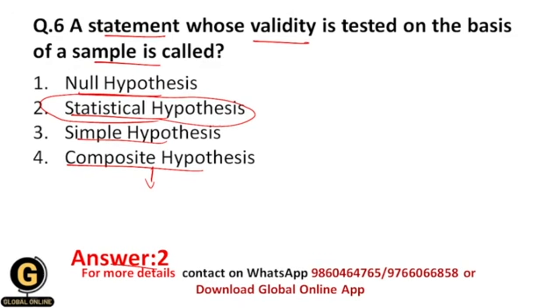In the composite hypothesis you can only give the information about the variables, but you can't exactly assign the value to the variables under study. All of you getting? And basically whenever we make this kind of statement regarding the null hypothesis or alternative hypothesis, then that kind of hypothesis will be called a composite hypothesis. All of you getting? Okay, and that's why your correct answer over here is statistical hypothesis, which is a statement whose validity is tested on the basis of a sample.